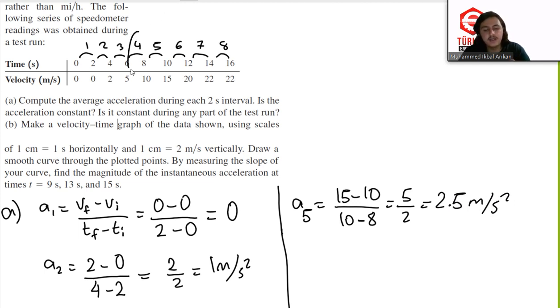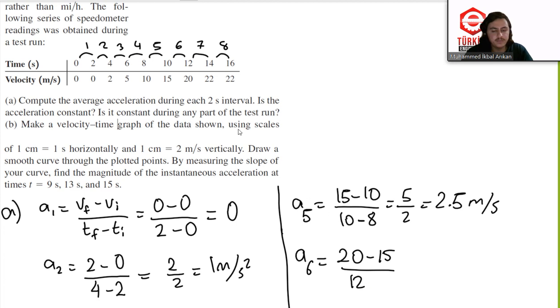Actually, the acceleration in 4 and in 5 is equal. Let's see in this part: going up 5, going up 5, going up 5. So these 3 will be equal to each other for acceleration. So acceleration in 6 will be the same. It's just 20 minus 15 divided by 12.